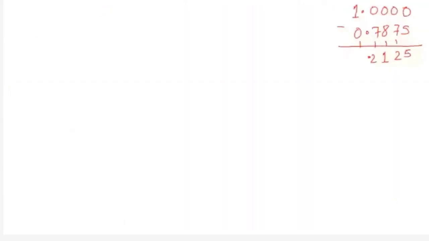So 1 lakh multiplied by 0.2125. So that is equal to 4 digits after the decimal point. If you remove, so 4 zeros you will have to remove from here. So it will be 10 multiplied by 2125.